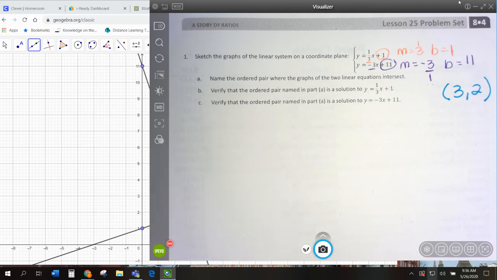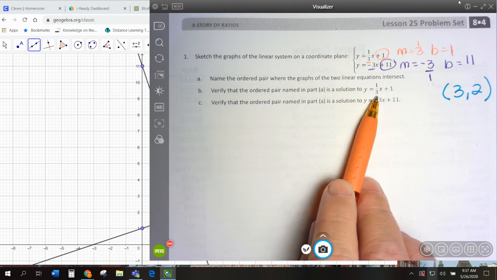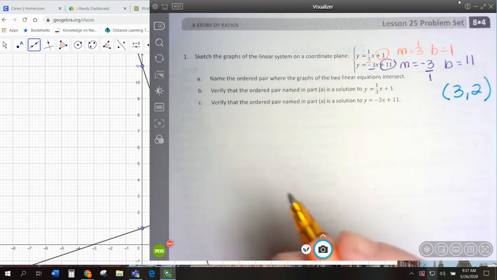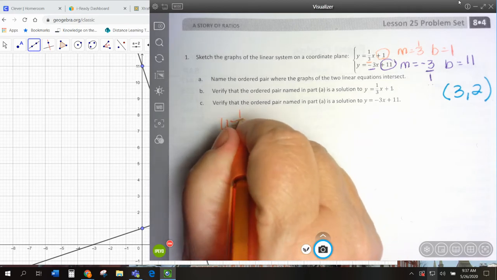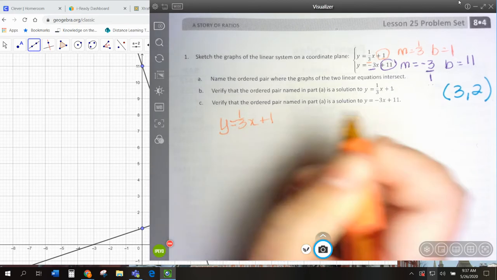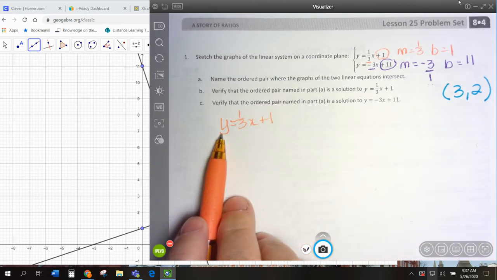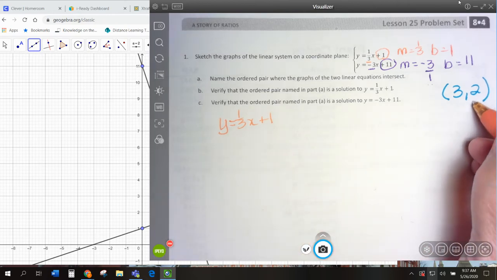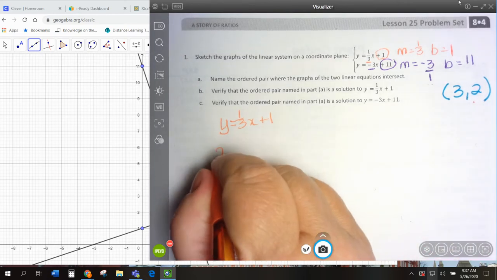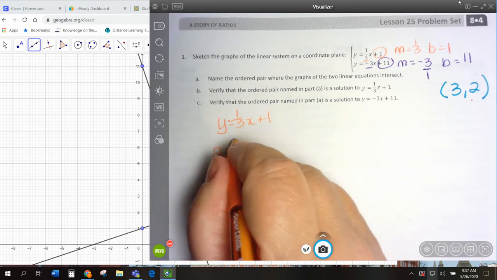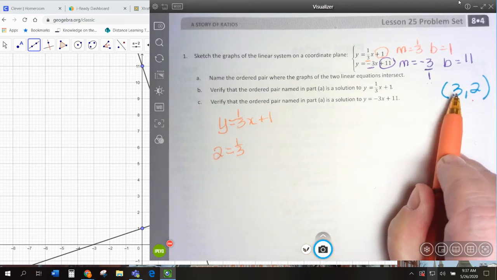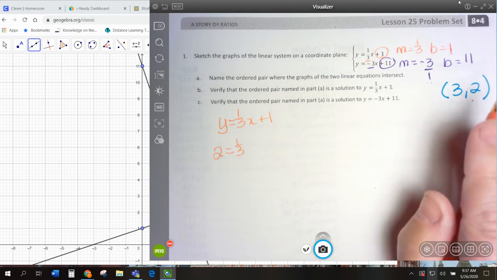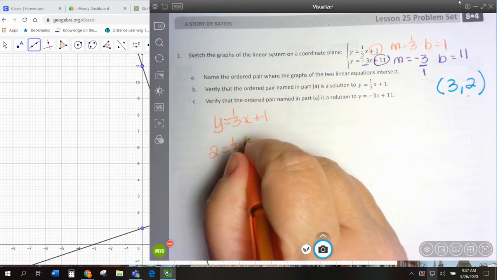So for B, y equals 1/3 x plus 1. So we're going to do y equals 1/3 x plus 1. For y, I'm going to put in 2, because remember, this is our y. 1/3. For x, I'm going to put in 3, because that's our x number. Remember, these are alphabetical, x, y. So I'm going to put 3 here.